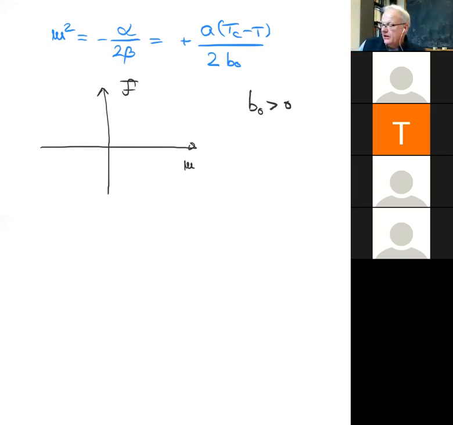Then if alpha is a times t minus tc, that means that alpha changes sign at the phase transition, so that above the phase transition it has a positive sign, and below the phase transition has a negative sign. So what this would look like is that for t greater than tc, both alpha and beta are positive. Okay, so then I have some kind of function like this. So this is t bigger than tc.